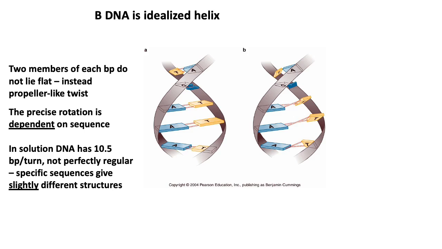Now, there are exact, precise, and specific measurements of how far apart each base pair is, and how many degrees of rotation each base pair introduces to the double helix. Basically, what you're looking at is one full turn of the helix, 360 degrees, is about 10.5 bases.